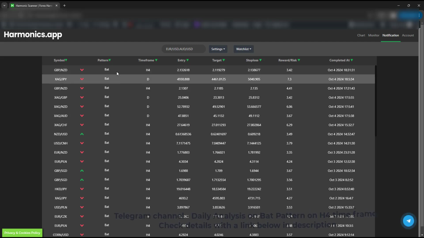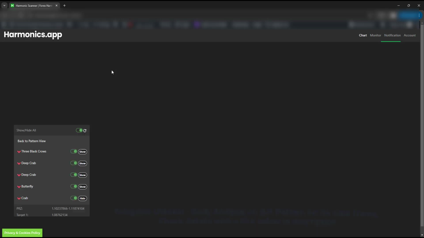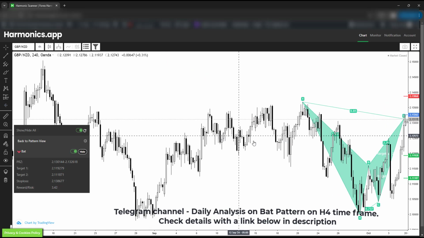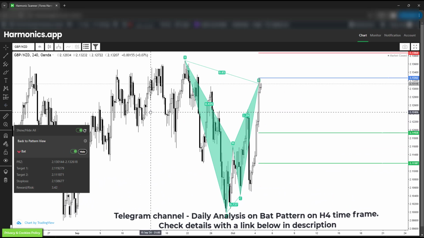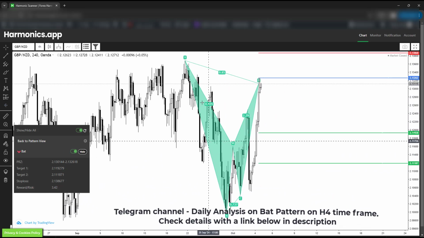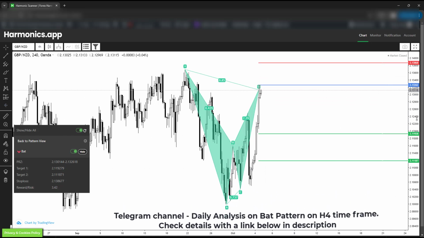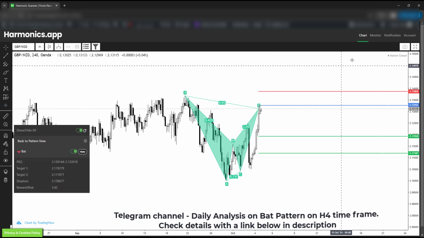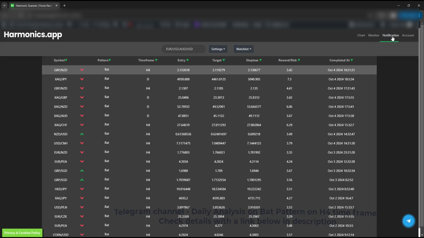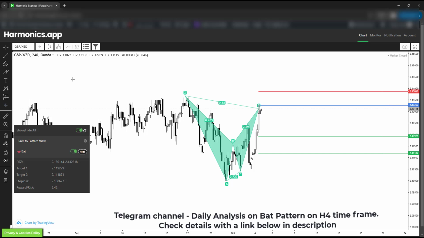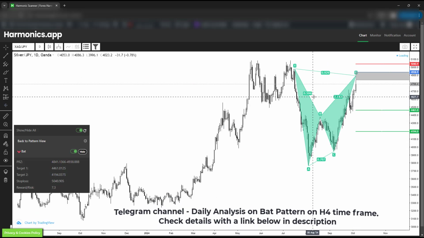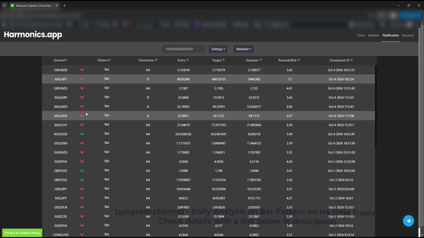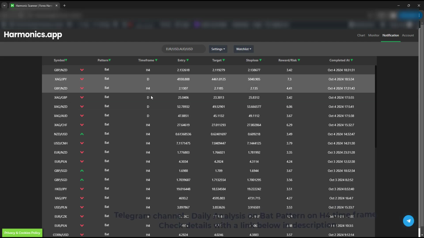When you click on the link, like in this example, when I click on this row, it will go immediately to the chart and show you the pattern that has been formed, so you can continue to analyze and make the technical analysis to see how this pattern looks. Is it good for trading or not? If it is not, you can continue to see inside notification which ones have already been created and which ones are good for trading. Now, in my case, I always use the bat pattern with the daily and the 4-hour time frame.